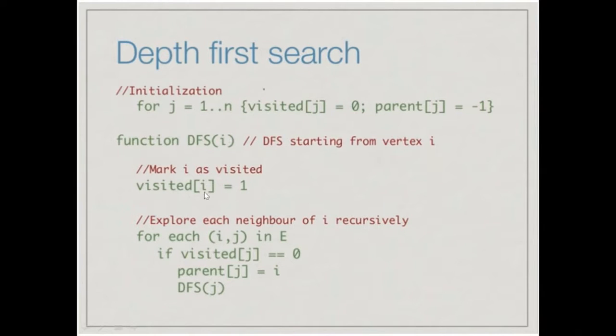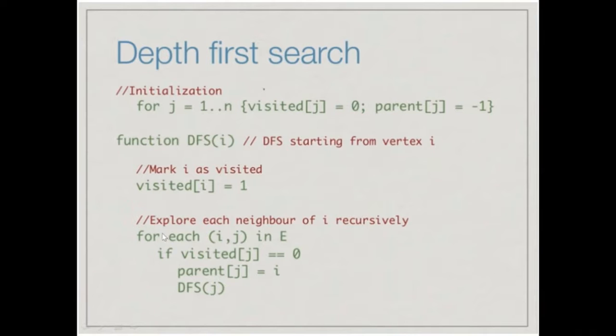For 1, we'll first mark 1 as visited, and for all the possible connections of 1, called 1 comma 4, 1 comma 2, and 1 comma 3, we will look at how many of them are not visited. If any one of the neighbors has already been visited, which in this case is 1 comma 4, we will not go inside this conditional block.